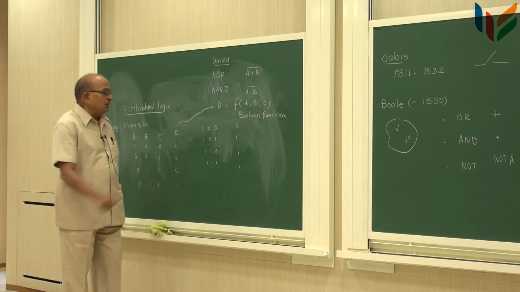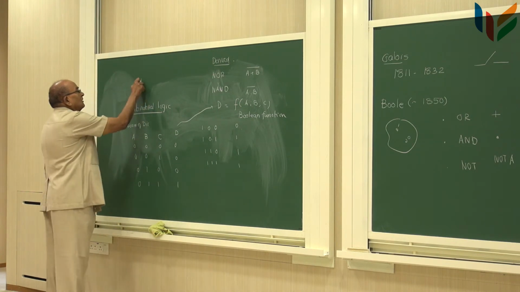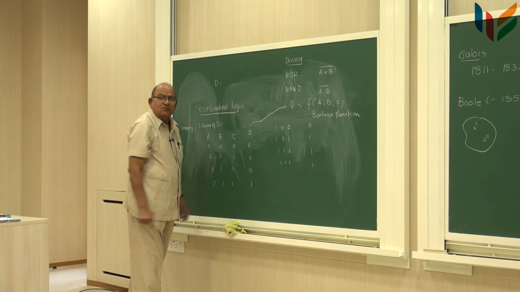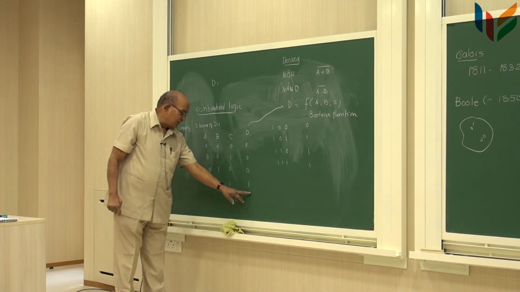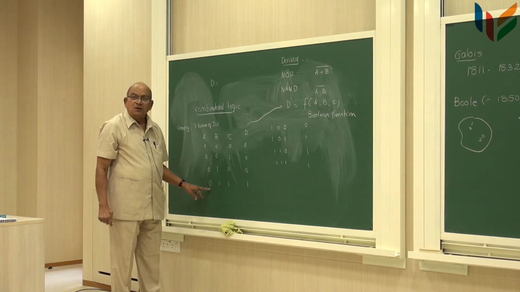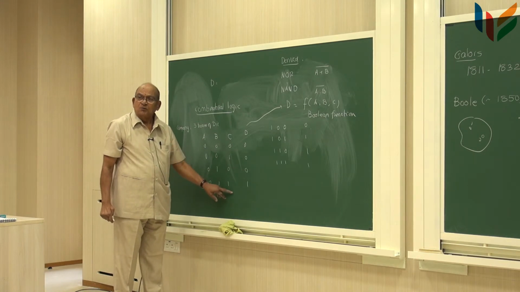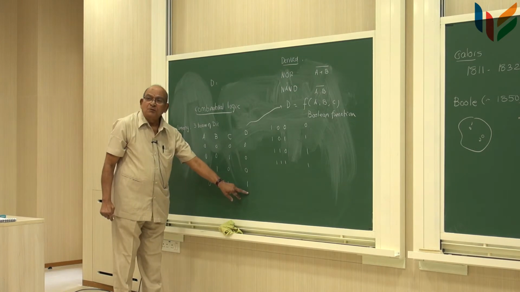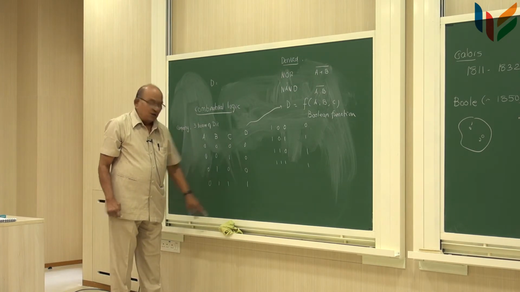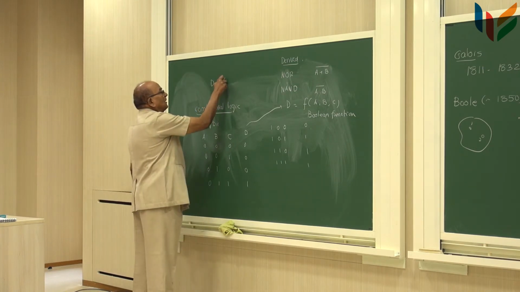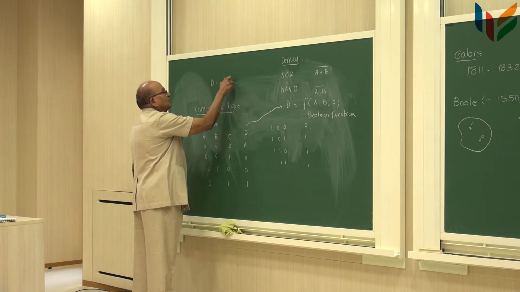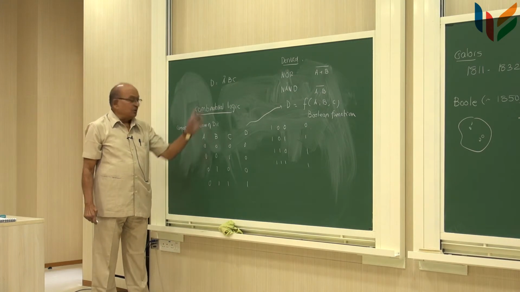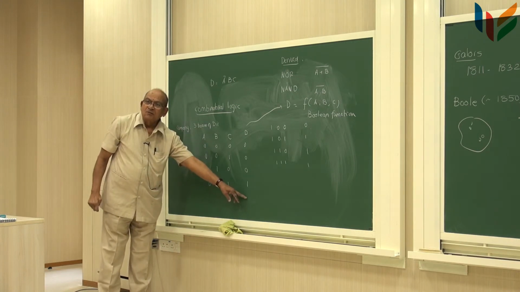Right? So what did D come out to be equal to? Look at this 1. The first one is 0, irrelevant, we are only worried about ones. This comes out when this is 0 and this is 1 and this is 1. So this combination, if it has to give rise to 1, must be equal to A bar B C, so that this product will be equal to 1.